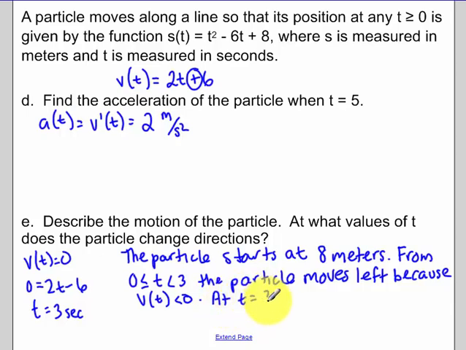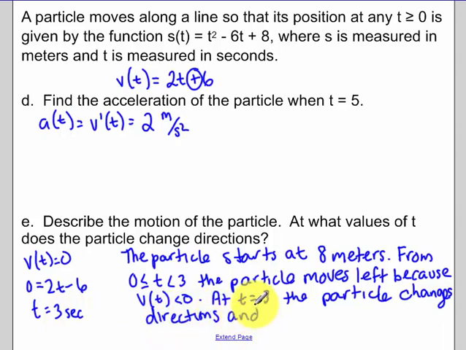At t equals 3, the particle changes directions and moves right for t greater than 3, because v of t is greater than 0.